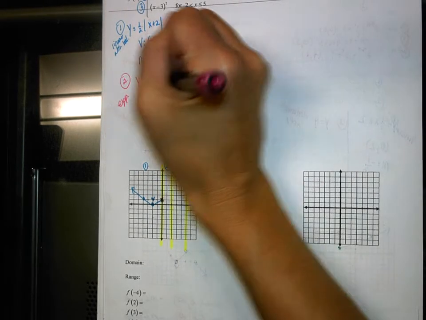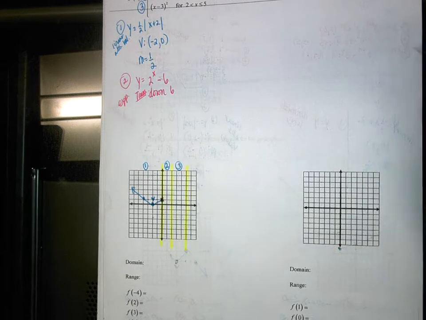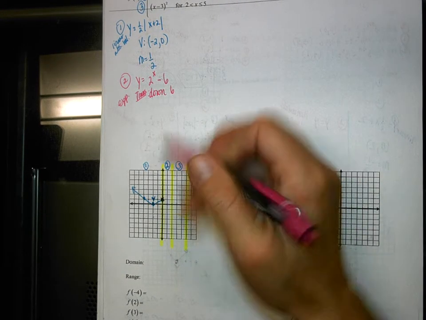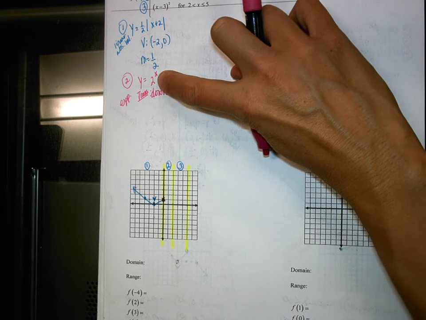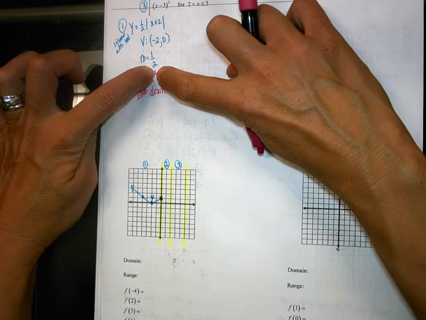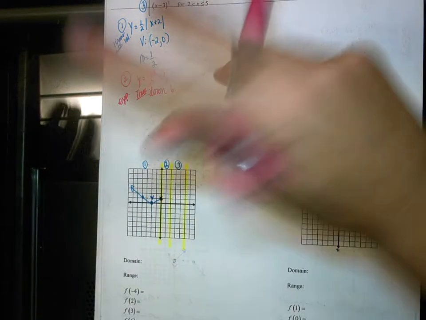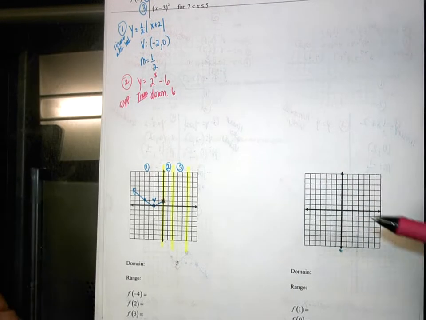Down 6. So from 0, 1, we're going down 6. Now I just want to make sure, because a lot of you kind of miss this on your quizzes, notice with the x, there's nothing up there in the exponent with the x. If there was, that's the translations going right and left. Okay, and then everything after this, that's your up and down translation.